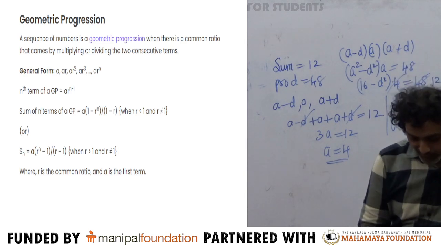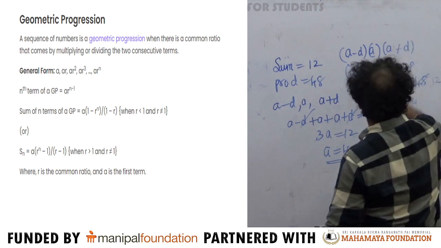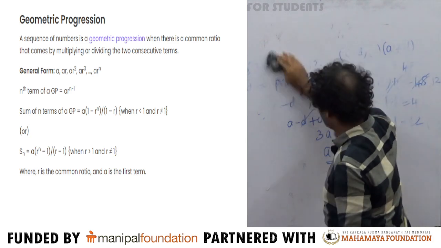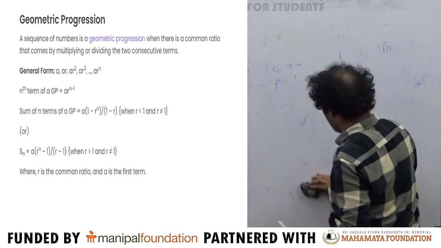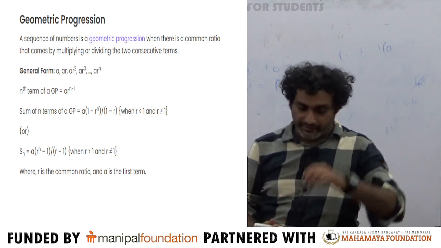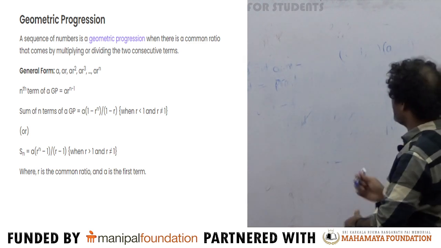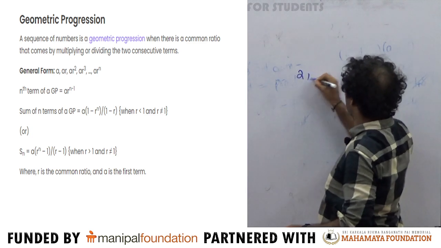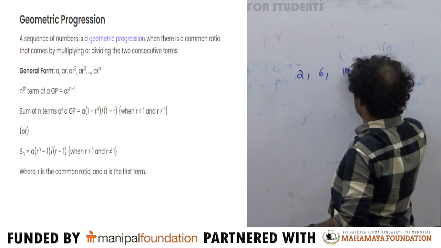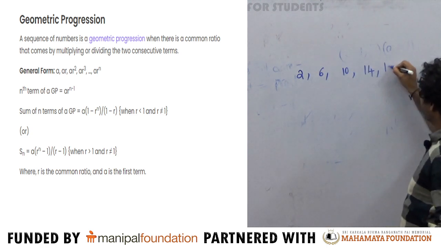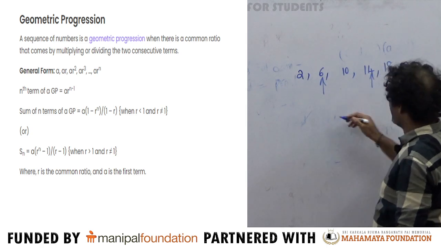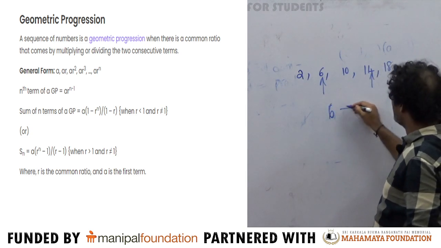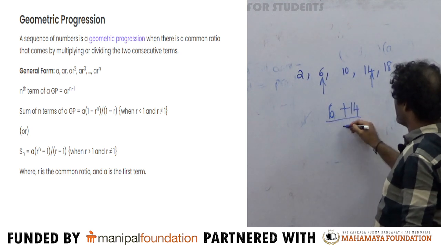Before we go ahead, I'll just teach you what's arithmetic mean, then I'll go with the geometric mean. Suppose you have the numbers 6, 10, 14, 18. If you take 6 and 14, how do you get the average of two numbers? 6 plus 14 by 2.